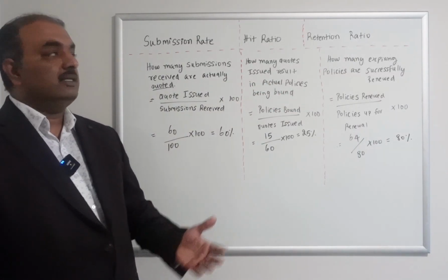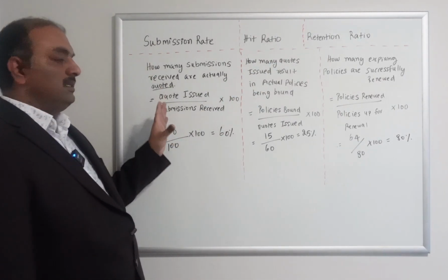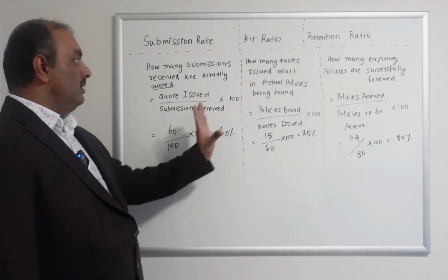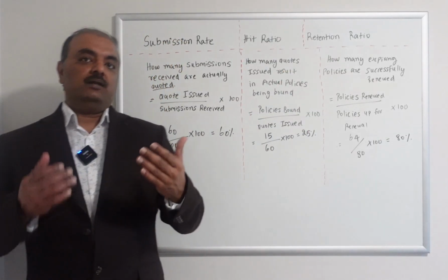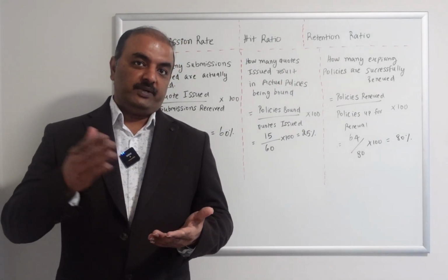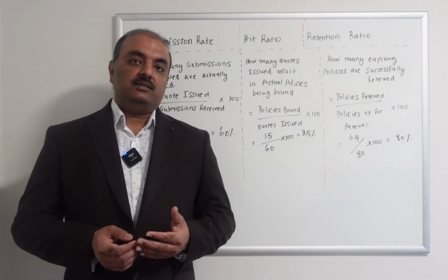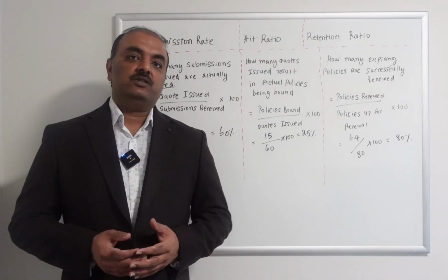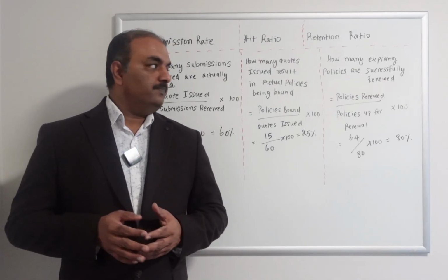Now the other metric is retention ratio. Now that we know we got a submission, we know how much has been quoted, and we know how much has been issued, the third ratio is how much of those issued policies, when they expire, got converted as renewals, which is a very important factor, right? Customers or brokers are not going to renew with the same insurance company if the service is bad or the underwriting management process is not good.